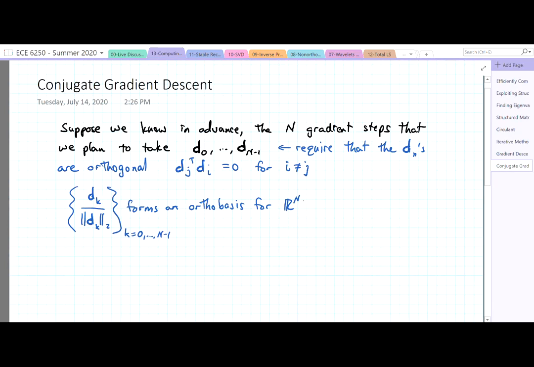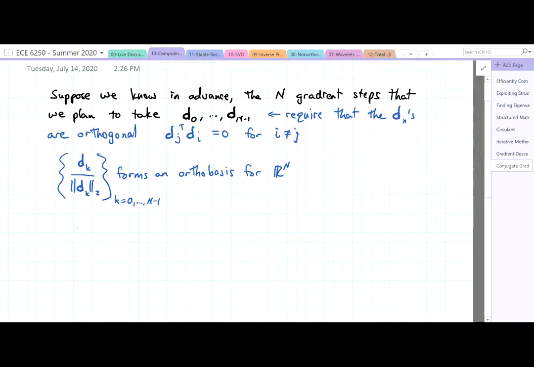Okay. So let's go back to our gradient descent problem. Back to gradient descent, we had to start at a particular point, and we called that x0.